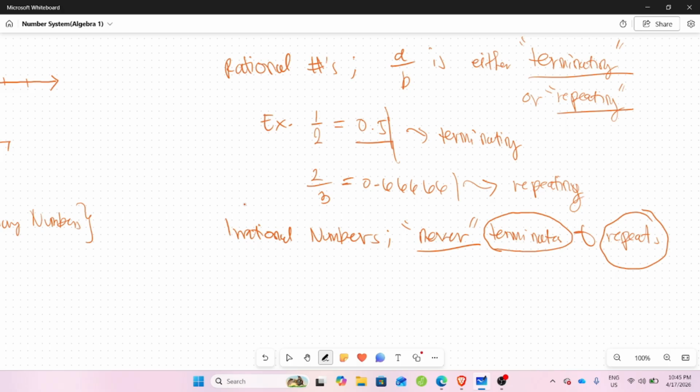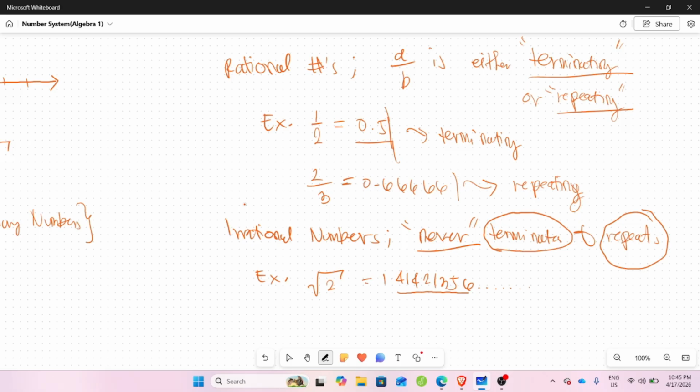Example for irrational numbers: square root of 2 is 1.41421356, and it will just continue. Look that the numbers here are not repeating, and it will not terminate. It will just continuously give you values.